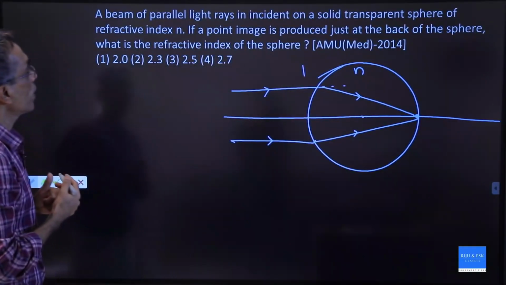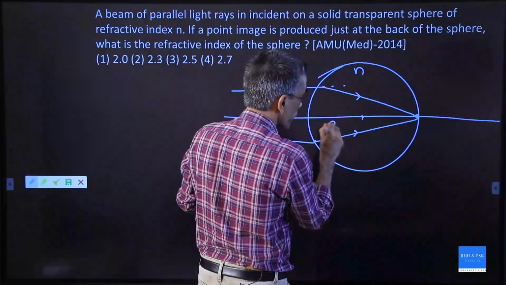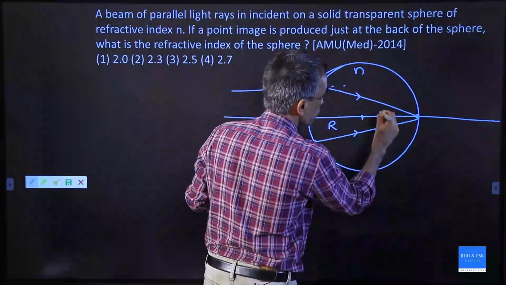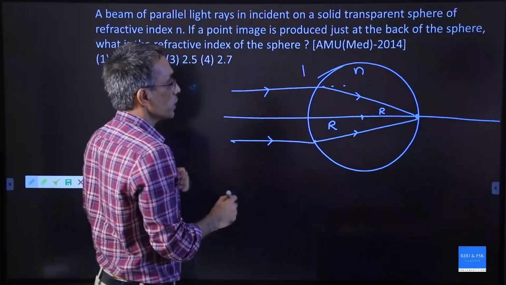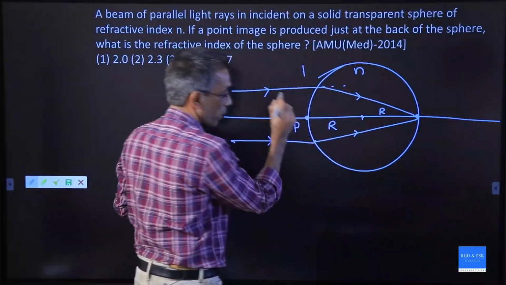Okay. Now the sphere will have a radius, so this is equal to the radius from here to here, and this is also equal to the radius. For the first surface, measurement must be from this point. So this is taken as the pole.